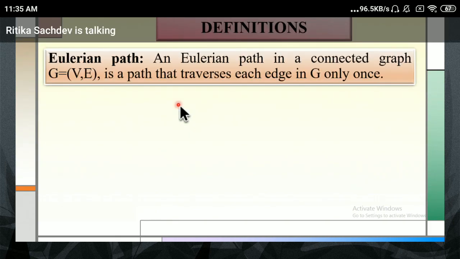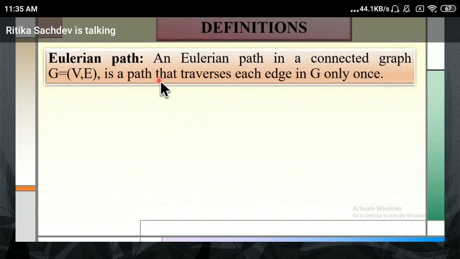We're proceeding further with Eulerian path. Now, what is an Eulerian path? An Eulerian path in a connected graph G equal to (V, E) is a path that traverses each edge in G only once. Please note the difference between your path and Eulerian path.